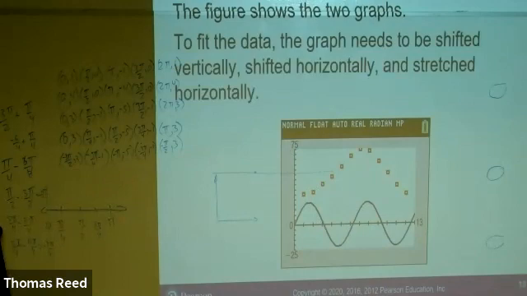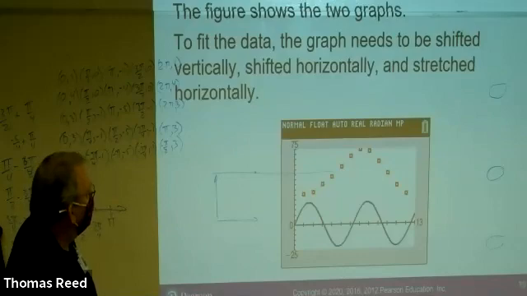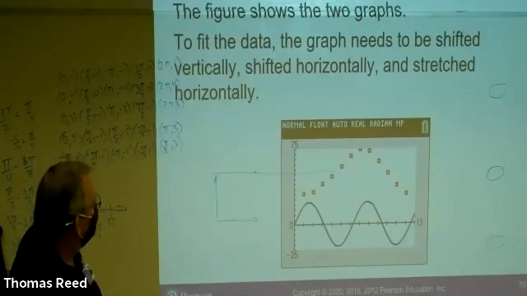Okay. Needs to be shifted vertically, shifted horizontally, which is the phase shift, and stretch horizontally.